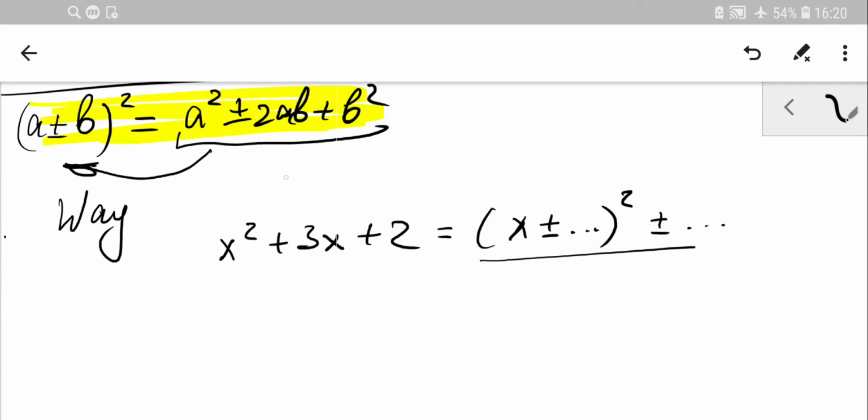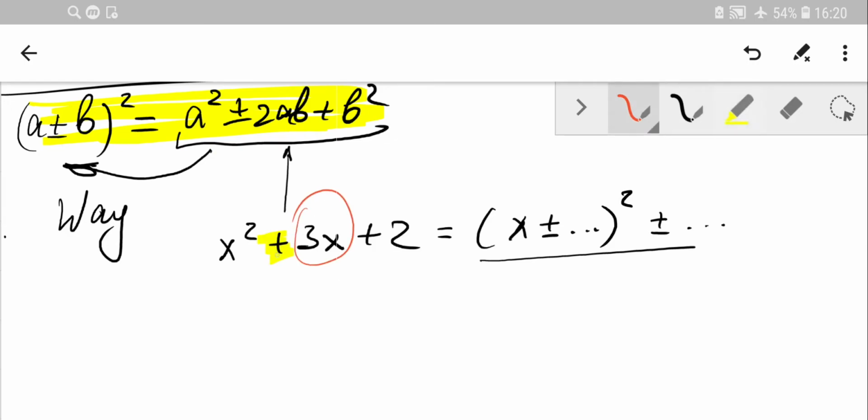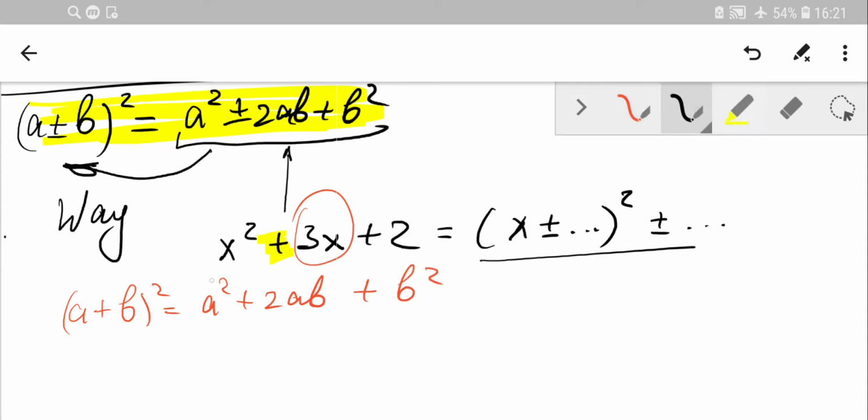Okay, hopefully you understand that in this case you need to compare with this expression, because we have the middle term, which is positive, so we're taking the positive sign. So we will use the formula a plus b squared equals a squared plus 2ab and plus b squared. Now we just need to compare term by term.